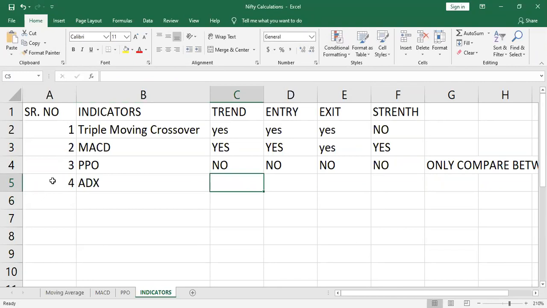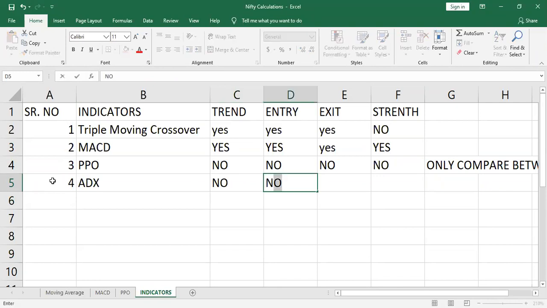Then the fourth is ADX. The trend, then the answer is no. You can't find a perfect trend. Entry point, then also no. With this indicator alone, you can't find the perfect entry point. You can say yes only together with the moving average.